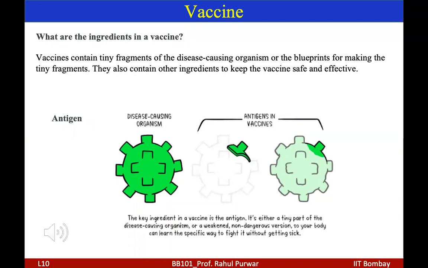So these could be antigens, disease-causing organisms, and these are the key ingredients in the vaccine. When people are vaccinated, they feel that a virus has attacked them, but it is not the real attack. They will not cause the disease, or even if they do, it is very mild. But the immune system gets trained against those fragments, or the attenuated virus, or the mRNA.